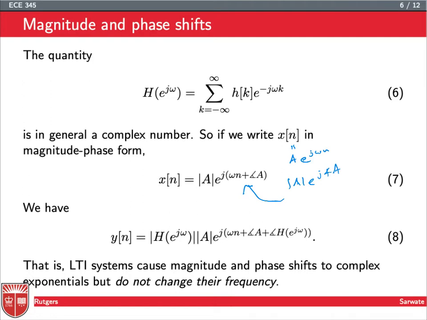Then y of n is going to be the complex exponential input, times a, which is just a constant gain, and then times a magnitude and a phase shift from the h. So this LTI system just causes a magnitude and phase shift to the input signal, in this case e to the j omega n.